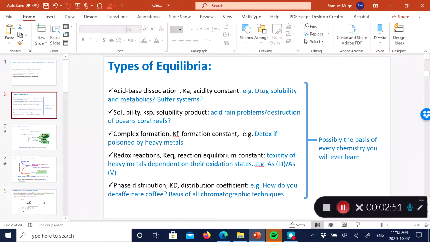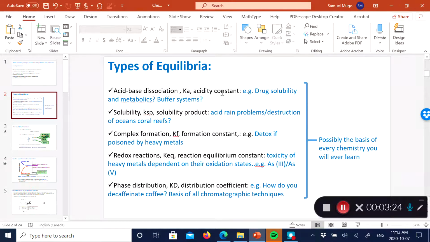A good example is most drugs out there, aspirin, acetaminophen, dextromethorphan, and so on. Most of these drugs, or cocaine, are either acids or bases. And their solubilities and metabolics, when they are consumed, is dependent on the acid-base reactions that happen within the physiological system.